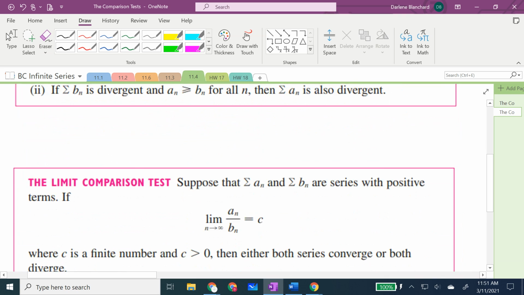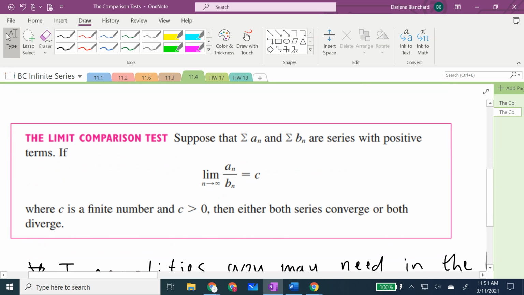So, limit comparison test. Let me explain this. Now, you're dealing with the series you're given and the series you choose to compare it to, and they have positive terms only.